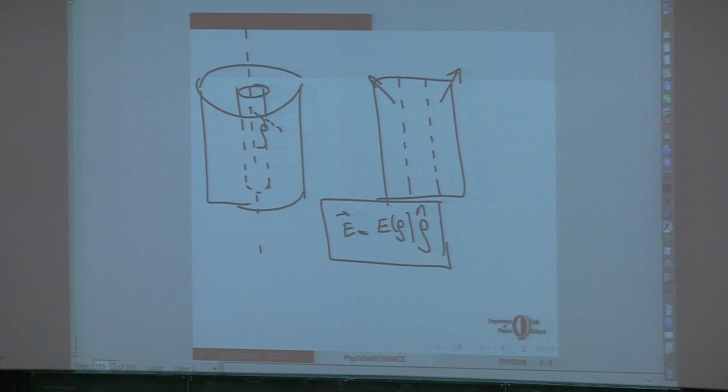And now we can ask, what is the geometrical shape of points in which the electric field has the same magnitude? That is the cylinder. So rho is equal to constant. These are the points on which the magnitude of E is constant.